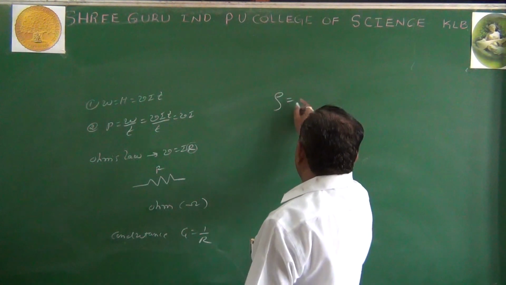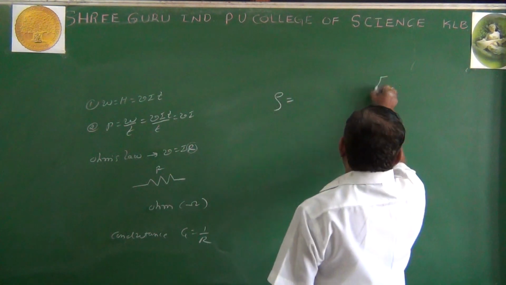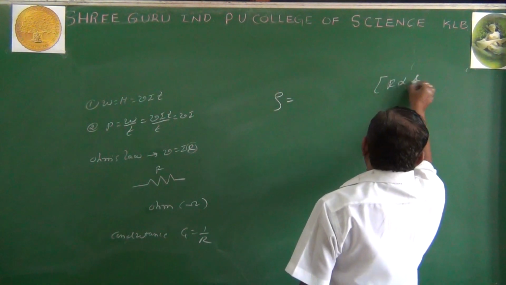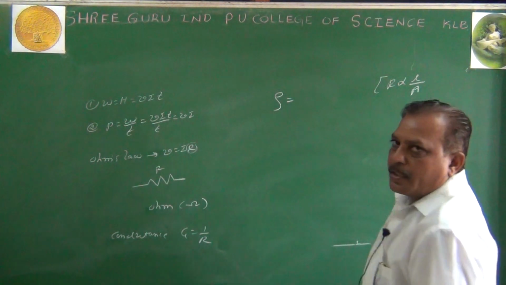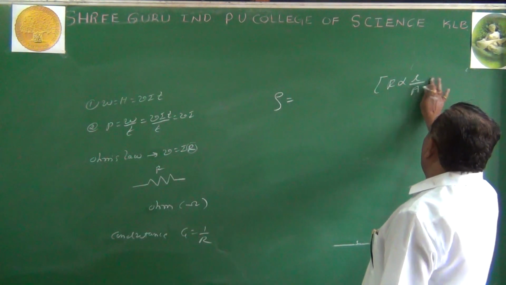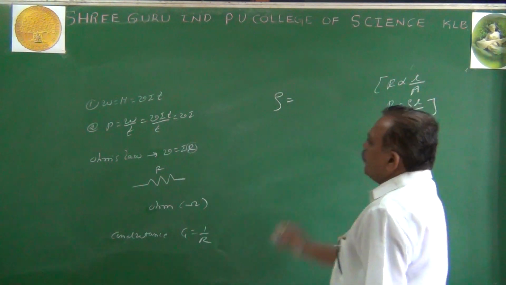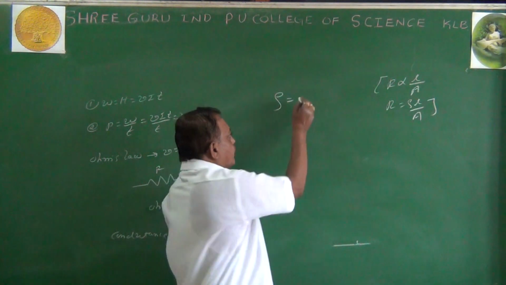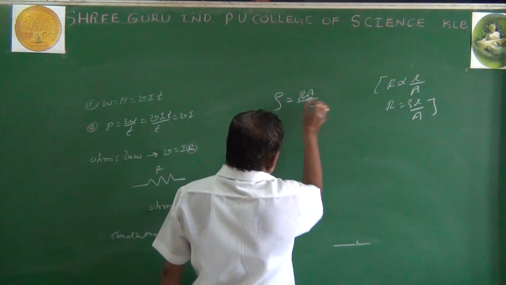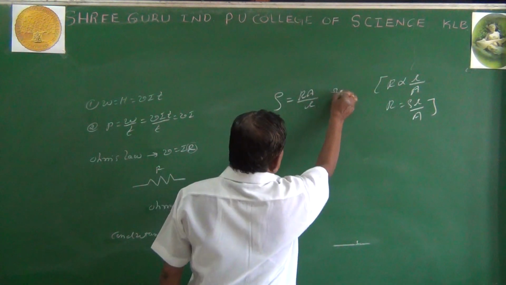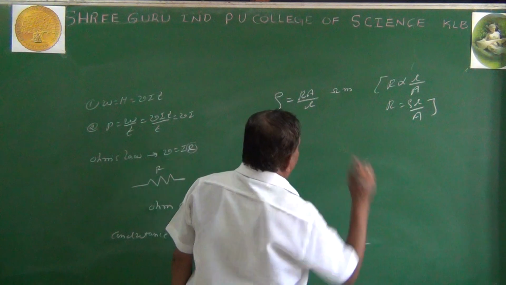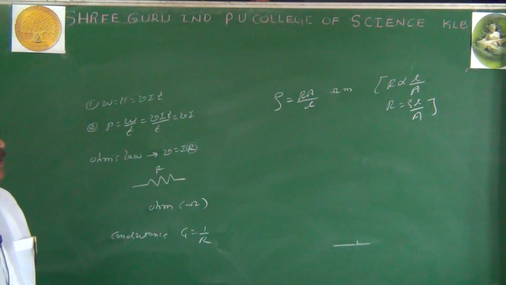Rho equals, then we know the basic equation for resistance: R is directly proportional to L and inversely proportional to cross-section area. By solving this, we get R equals rho L by A. Then I write the equation for rho as RA divided by L. Are you getting the point? RA divided by L, its unit is ohm meter. Now this is our resistivity.